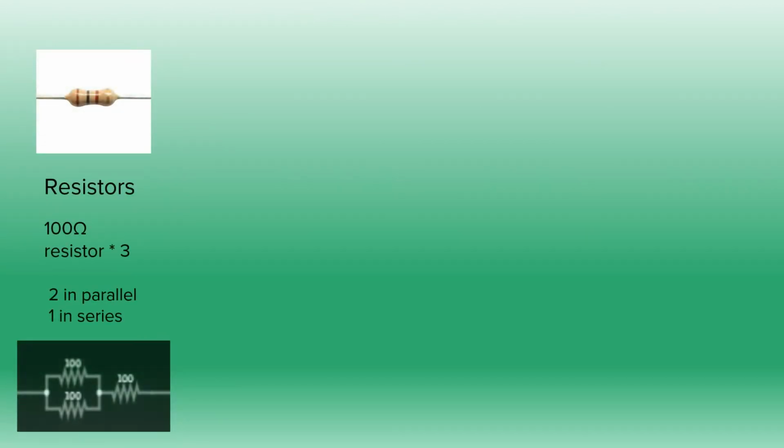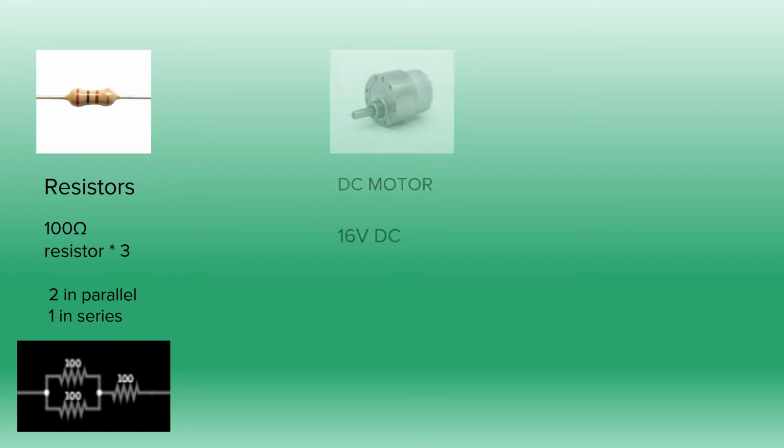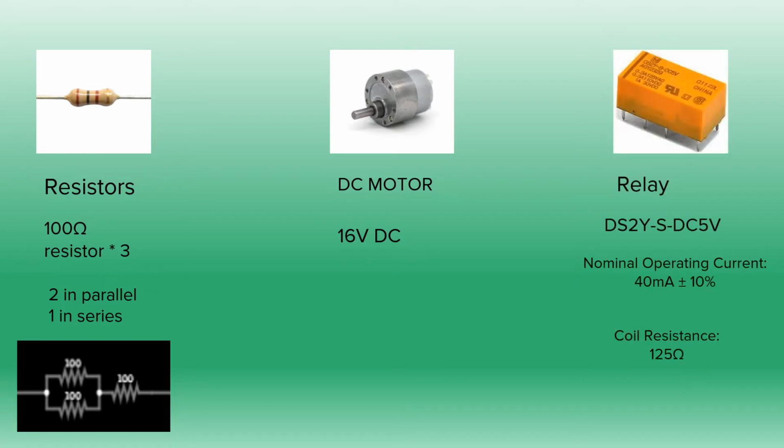In building our motor reversing circuit, we used three 100 ohm resistors, 2 in parallel and 1 in series, to create a total of 150 ohms, a 12 volt DC motor, and two 5 volt relays with nominal operating current of 40 milliamps and a coil resistance of 120 ohms. The three resistors were used to lower the 12 volt supply to 5 volts DC to operate the relays.